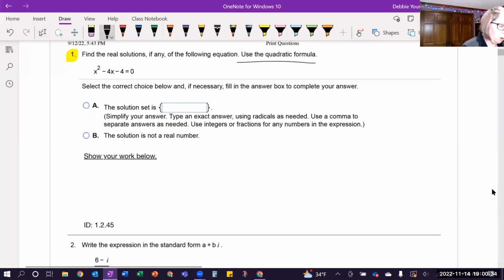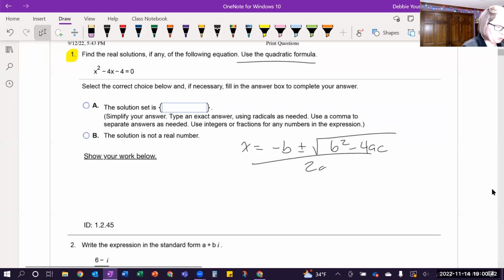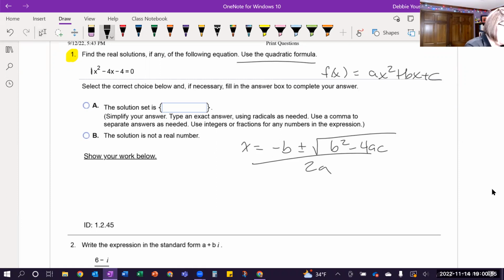So quadratic formula. Solving for x is the opposite of b plus or minus the square root of b squared minus 4ac, all over 2a, assuming that you have a function of the form ax squared plus bx plus c. So that tells me for this function that I have an invisible 1 here. So a is 1, b is negative 4, and c is also negative 4 when that's set equal to 0.